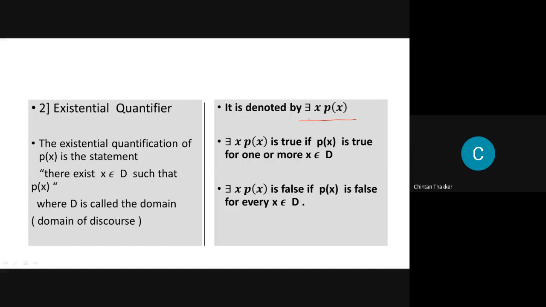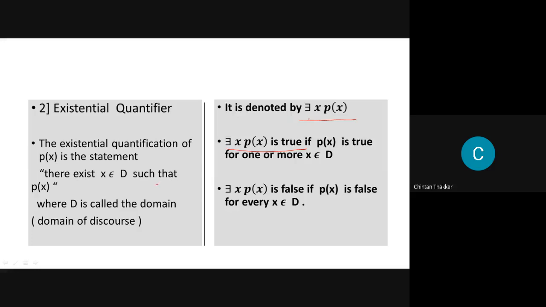Now this is opposite to the universal quantifier. Here there exists x, P of x is true if P of x is true for one value of x belongs to D, and it is false if P of x is false for all x belongs to D.